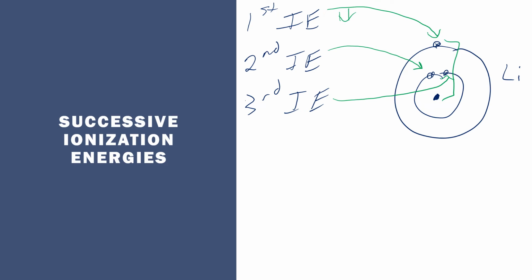Now we're looking at distance. The distance between the nucleus, where those positive charges are, and the valence shell is much greater than the distance between the nucleus and the core electrons. So the first ionization energy for lithium is much, much smaller than the second ionization energy.